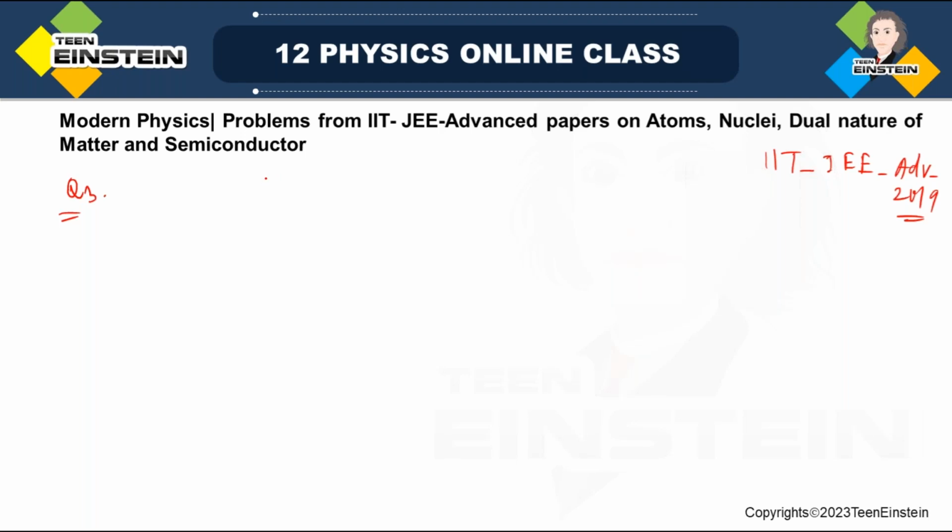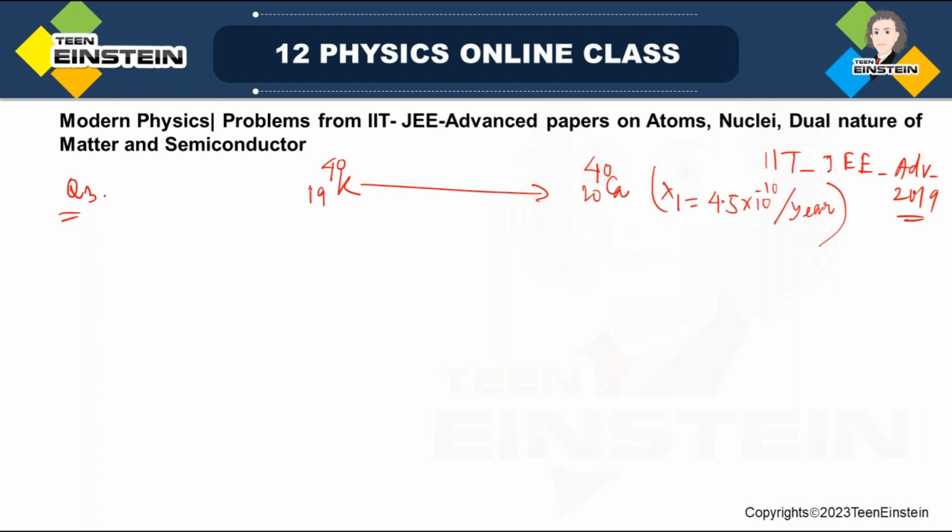In a radioactive sample, potassium-40, a radioactive nucleus, decays into stable calcium-40 with a decay constant lambda 1 equal to 4.5 into 10 to the power minus 10 per year. This is the decay constant for this reaction.